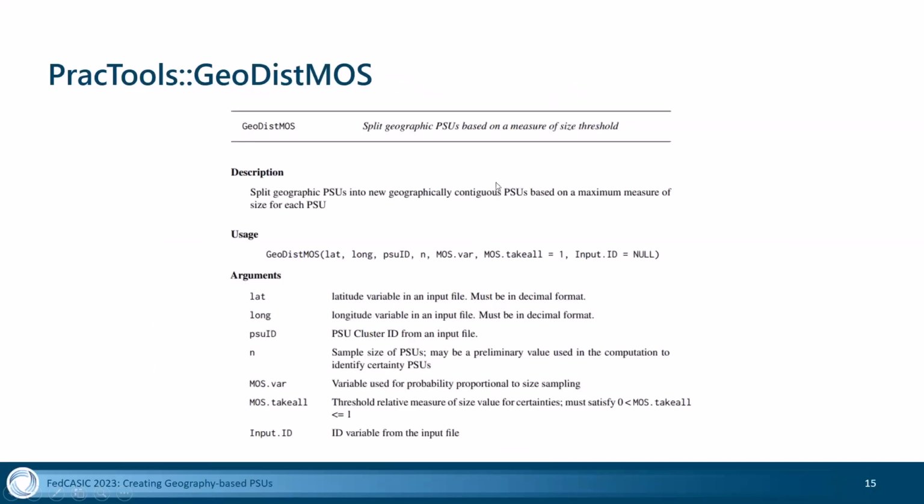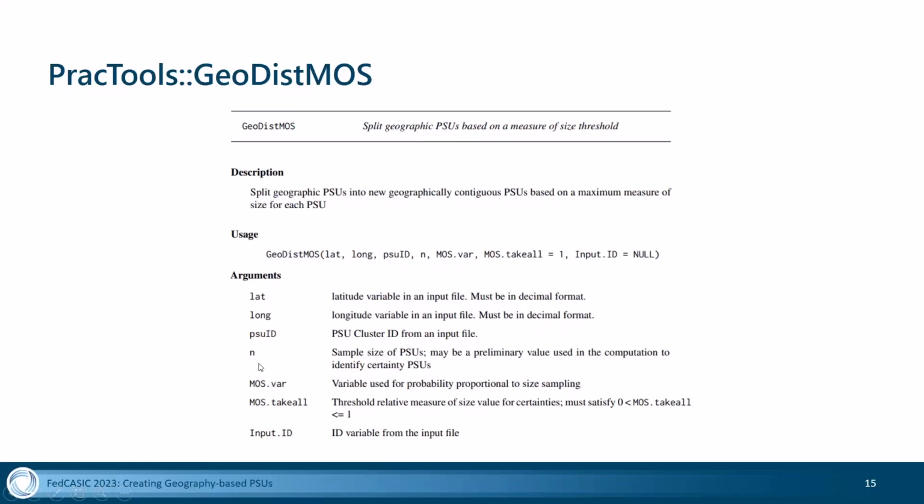So I'm going to talk about the second function here, which takes your geographic primary sampling units and splits them up based on a measure of size maximum or a threshold. And again, latitude, longitude, you'll need the PSU ID from your input cluster.